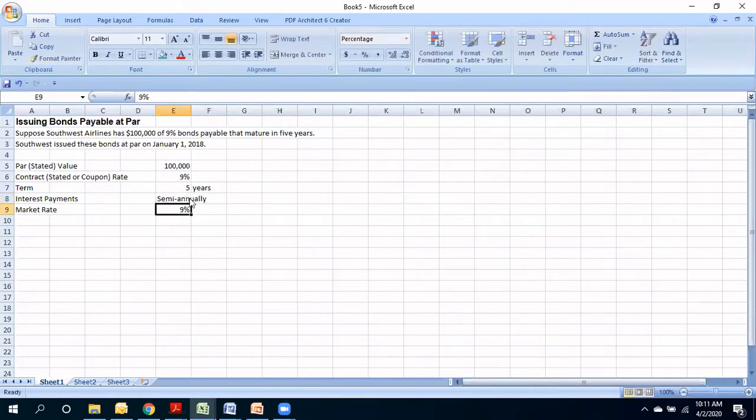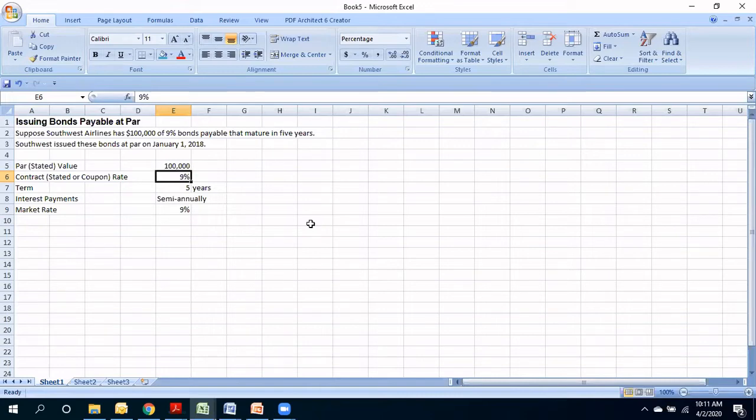What that means is that the bondholder is not going to get 9% every time there is an interest payment. Every time there's an interest payment, the bondholder is going to get 4.5%. Remember, 9% is an annual rate. So the bondholders are getting their annual interest in 2 installments. That's the best way to think of it.